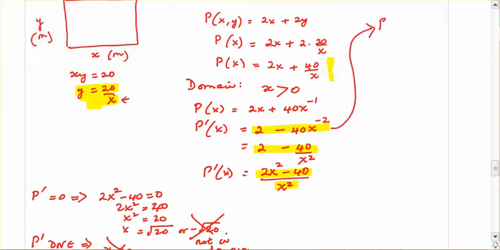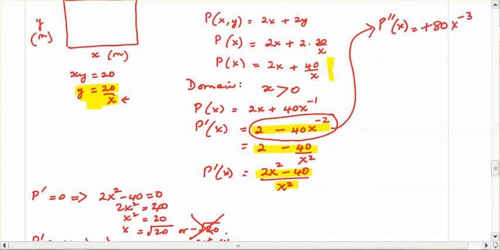So I'm going to take that, P double prime of x, when I differentiate, I'm using this expression. Derivative of 2 is 0. And then when I differentiate minus 40x to the negative 2, the negative 2 comes in front, making positive 80x to the negative 3. That's the same as 80 over x cubed.